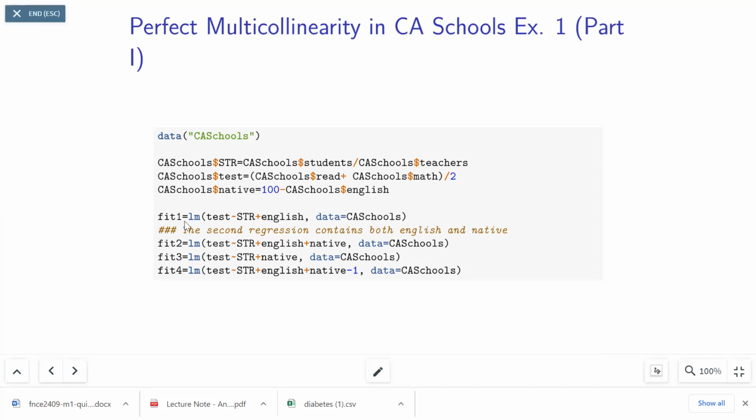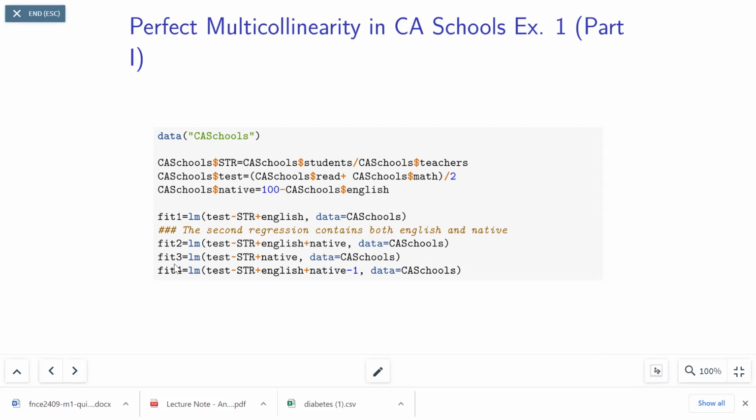In model 1, I tried to use STR and English to explain the variation in the test scores. Then it occurs to me that if I could use English as a variable to explain test scores, I can similarly use the percentage of native speakers to explain the variation in the test scores. So in model 2, I included both English and native in this model.